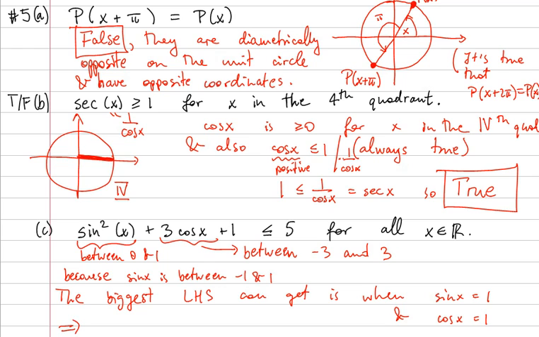In that case, the left hand side is 1 plus 3 plus 1, which is 5. So that's the biggest left hand side can get. So this is a true statement, true.